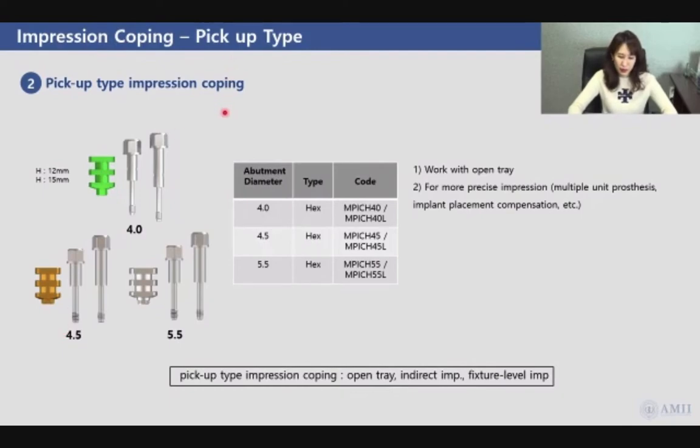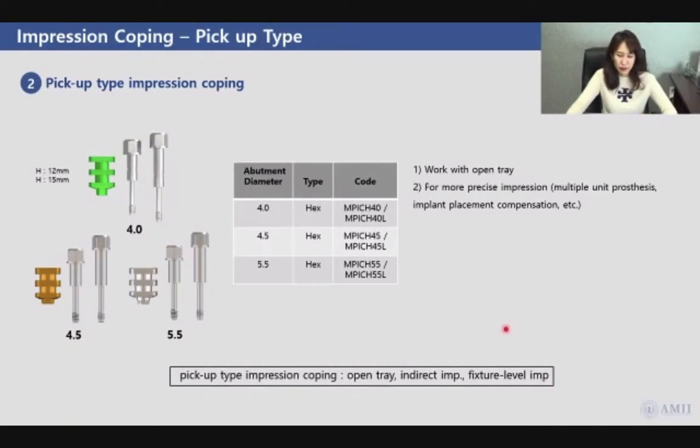That is actually the height of the screw. Pickup type impression coping, we use it with the open tray. Of course, because it is this type of coping, we do the indirect impression and also the fixture level impression.